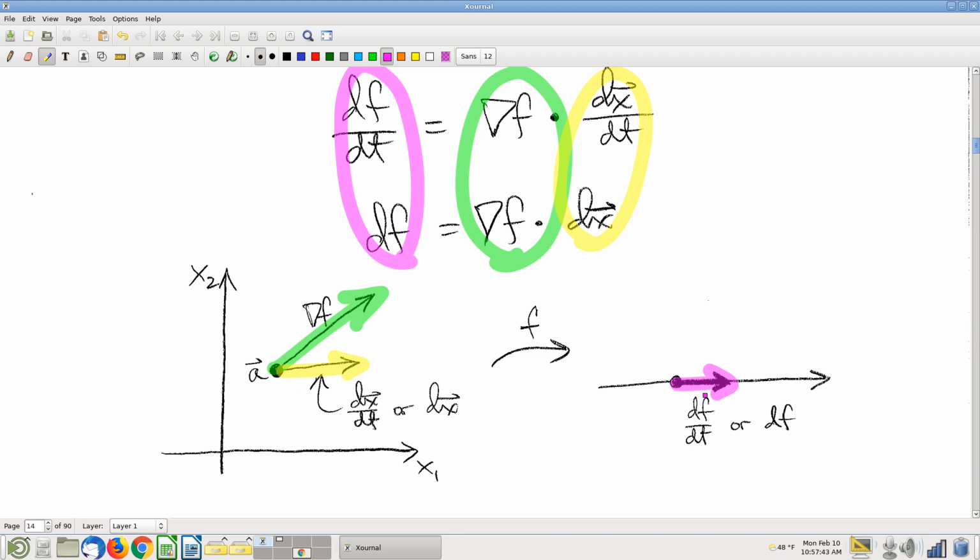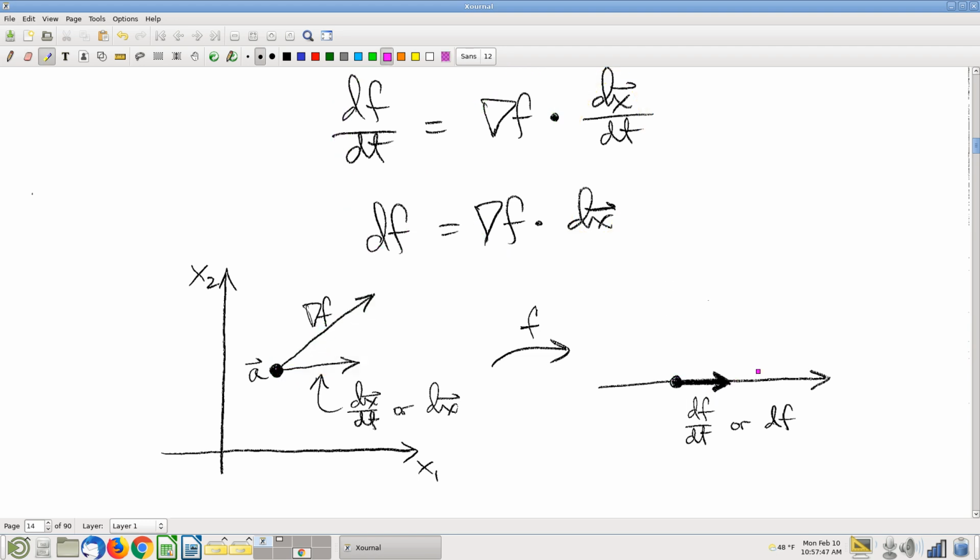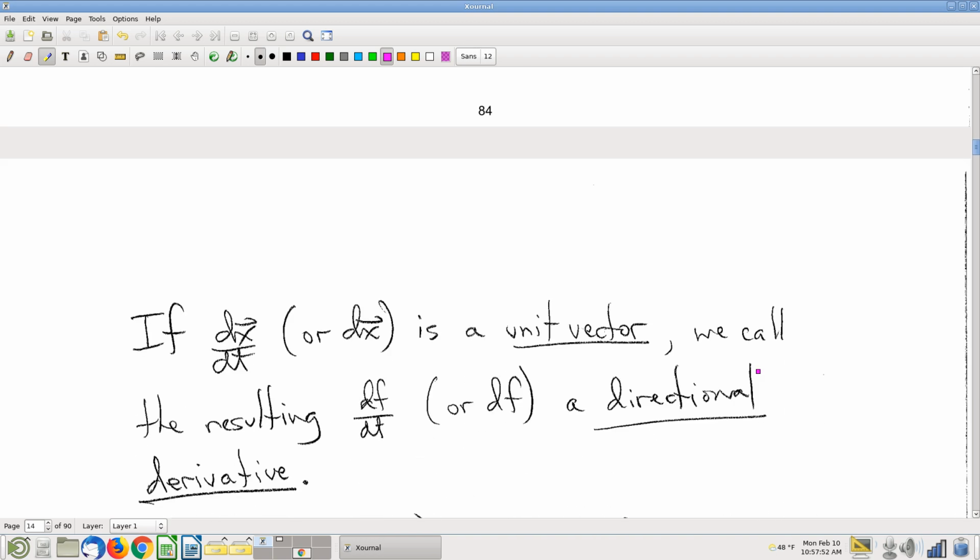All right, so we're going to be looking at a special case of this scenario. It has some nice applications. The special case is if the input change, the one I did in yellow, is a unit vector. We're going to see over the next few pages why that's an interesting special case.